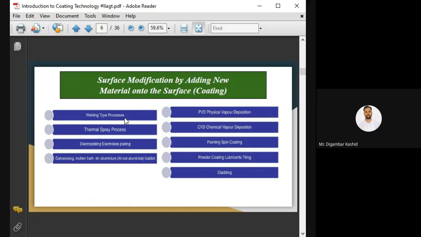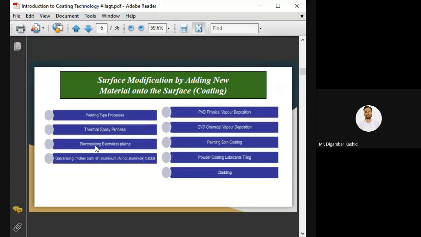By welding also we can add material onto the surface. That group is different and is called the welding type process. Then thermal spray processes are there. We are going to talk about thermal spray in detail in the next lecture, because we have a separate session on thermal spray.